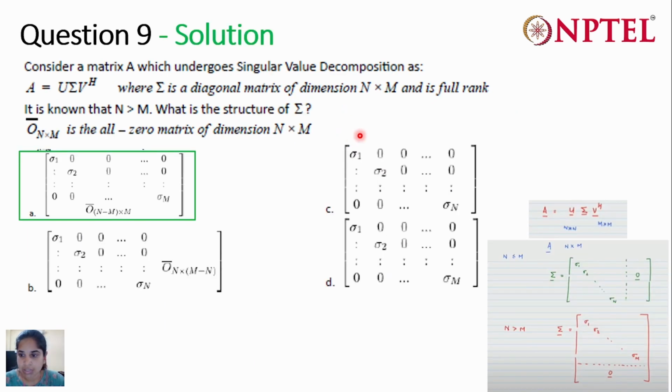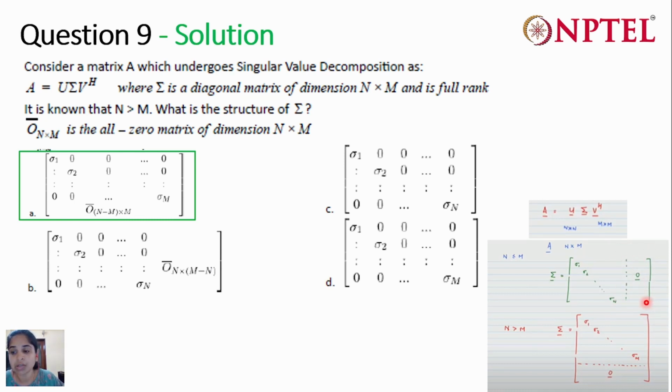Okay. So we know that A is U sigma V Hermitian, and sigma is a diagonal matrix. If you have a situation wherein n is less than or equal to m, then the rank will be n. So it will have sigma 1 going up to sigma n, and the rest of the columns will be zeros.